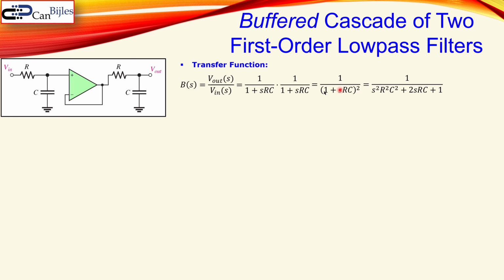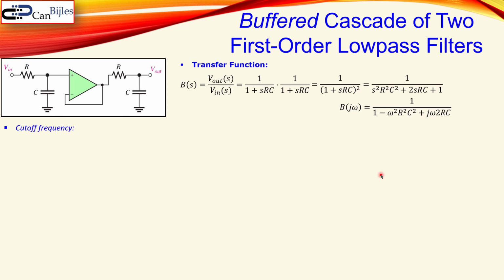I can also work out the parentheses here, so you can see what happens. This is just working out the parentheses in the standard form. Now going to, again, s equal to j omega, I have again this 1 minus omega squared r squared c squared, standard discussion as we have done before, and now again j omega 2rc.